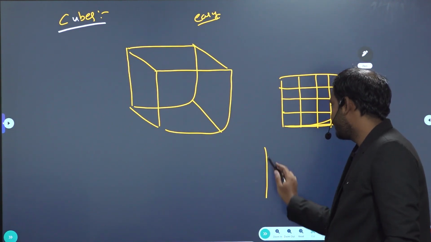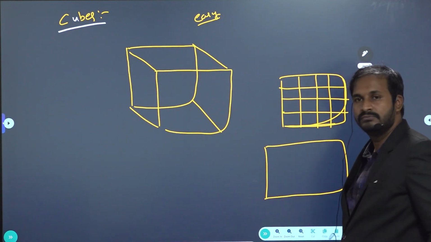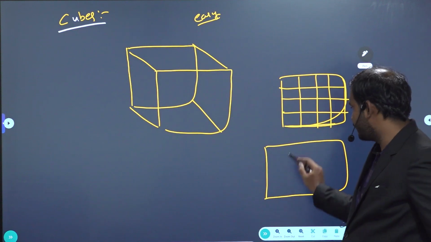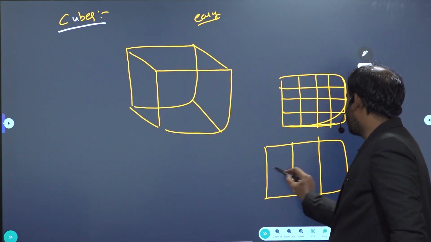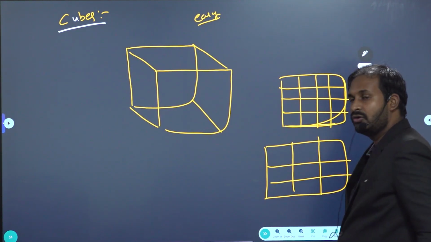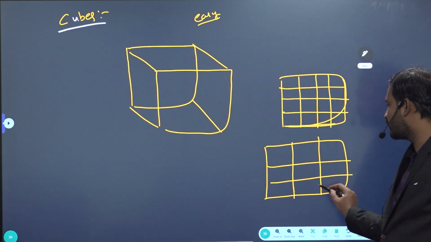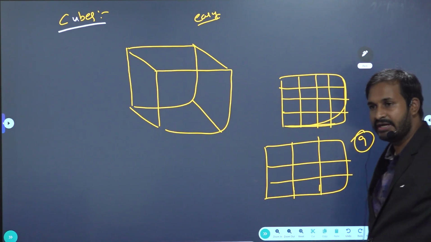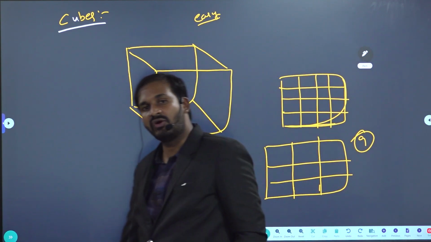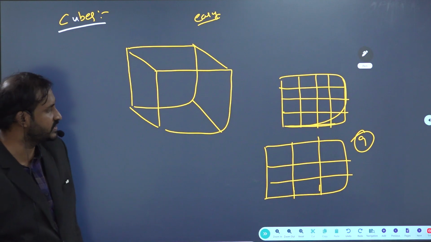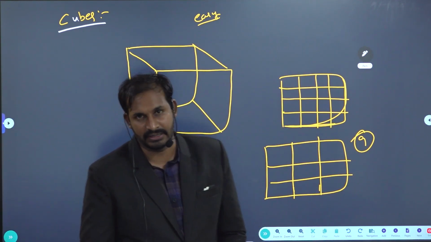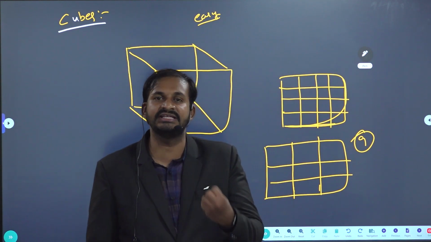See here, there is a cube. 2 vertical cuts were made and 2 horizontal cuts were made. So this face will be divided into how many small cubes? 9 small cubes. Like this, all the faces will be divided into 9 cubes only. So if the cuts are in equal number, then it is easy.